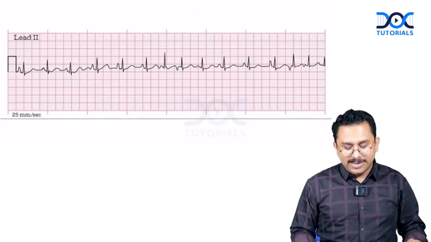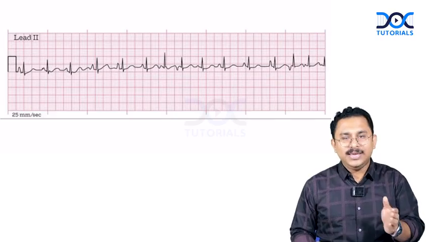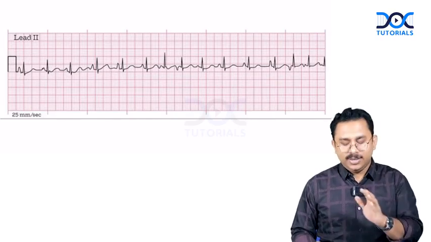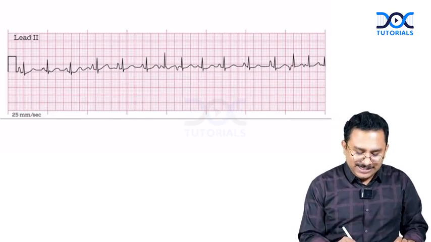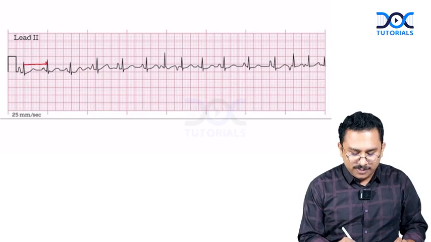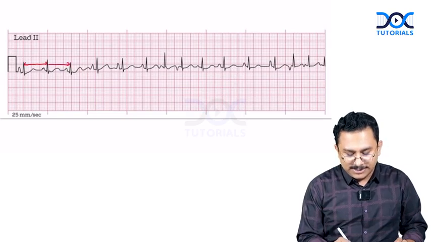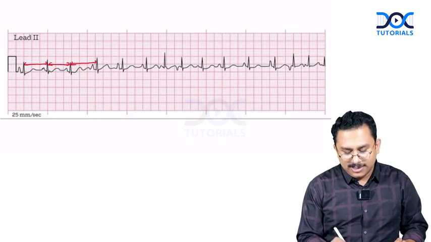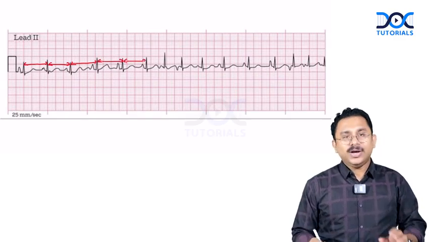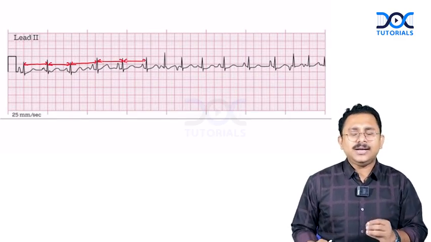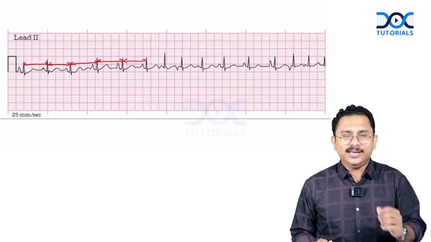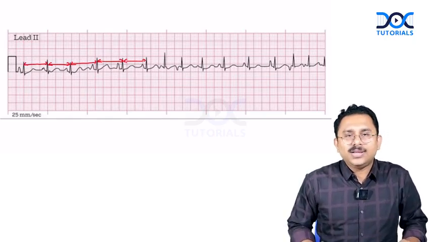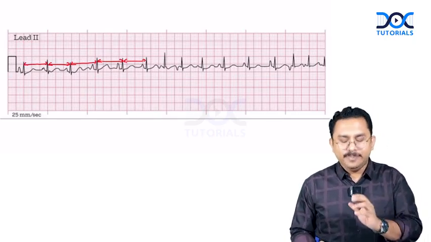And when you get a narrow complex tachyarrhythmia, please see if it is regular or irregular. So what is this? You can see that the consecutive R waves are not regular. There is a definite irregularity. Okay, so you're either dealing with a condition like multifocal atrial tachycardia, or you are dealing with a condition like atrial fibrillation.